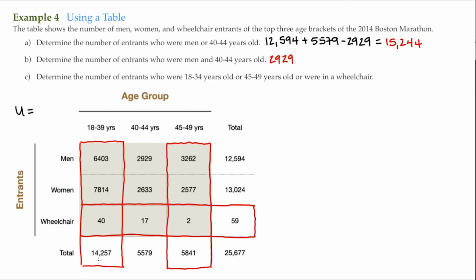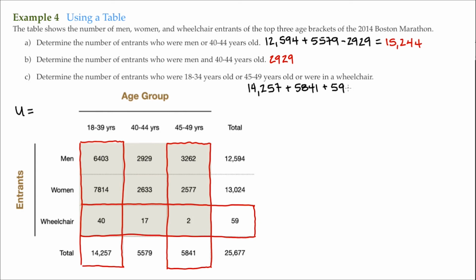So we'll take the 14,257, add that to the 5,841, add that to the total of wheelchair entrants. However, we do have intersections, and here's an intersection here and an intersection here, and of course we'd have to take that out or we'd be counting them twice.